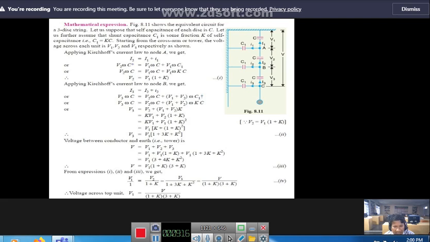From the definition, C1 is equal to Kc, the shunt capacitance is K times the self capacitance.